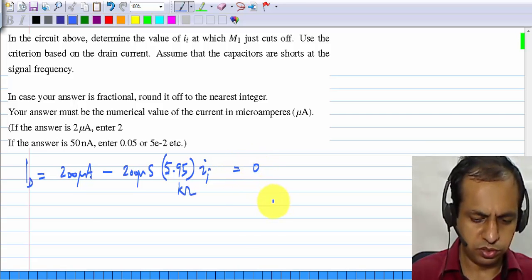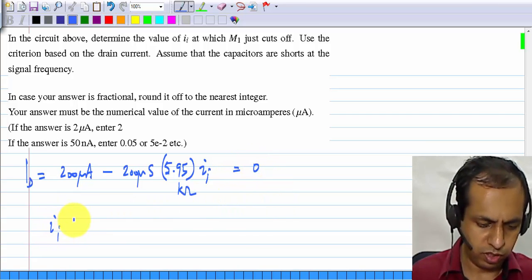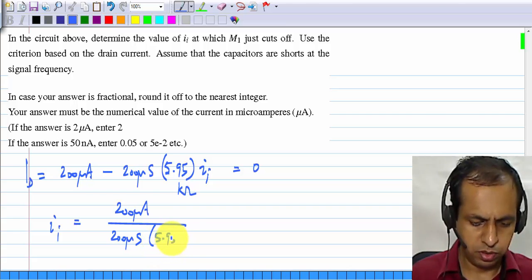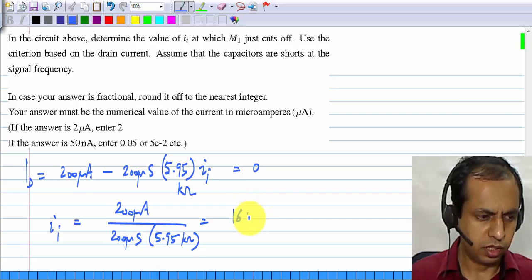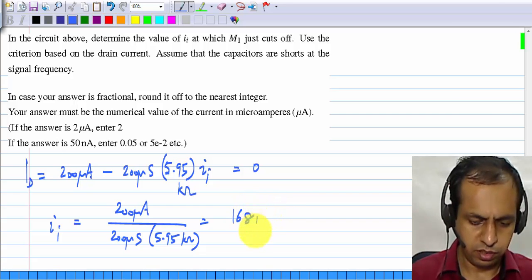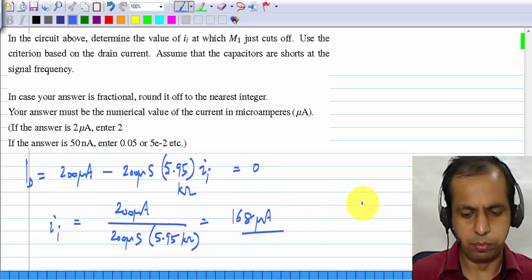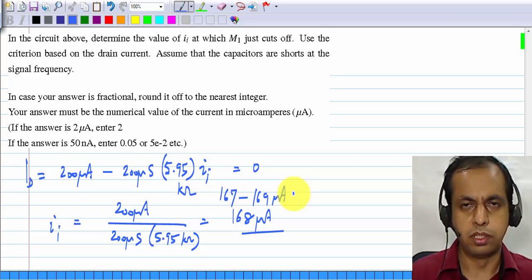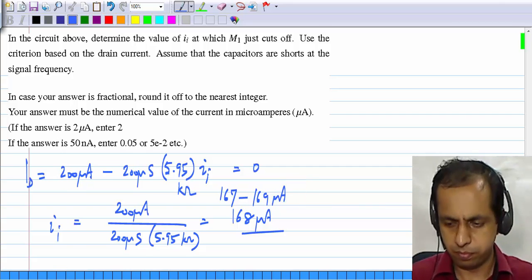You set this to 0 for cutoff, and you will get II to be 200 microamperes divided by 200 microsiemens times 5.95 kilo ohms, which gives you 168 microampere. So if you get somewhere between 167 and 169 microampere, that is acceptable.